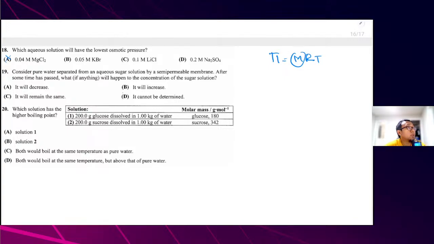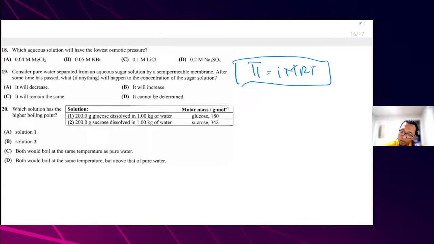Oh, let me see the osmotic pressure. Oh, there is an i. Let me revise this one. Π = iMRT. Remember this one, this is the original formula.